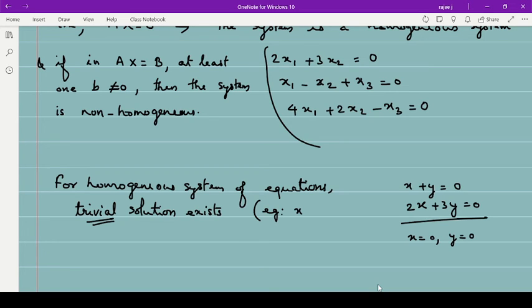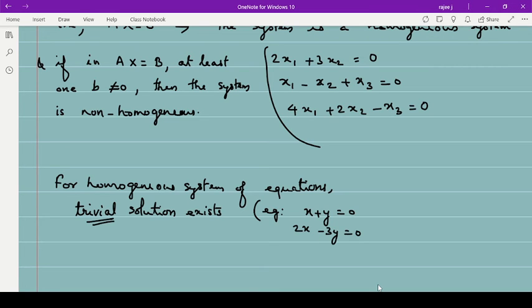Say for example, x plus y is equal to 0 and 2x minus 3y equal to 0. When you solve these equations, as I told, you will get various solutions. But x equal to 0, y equal to 0 is a trivial solution.